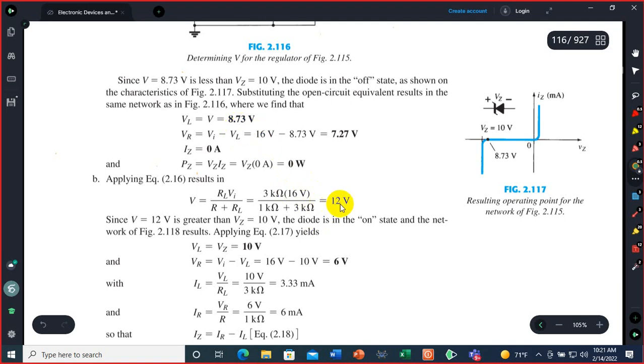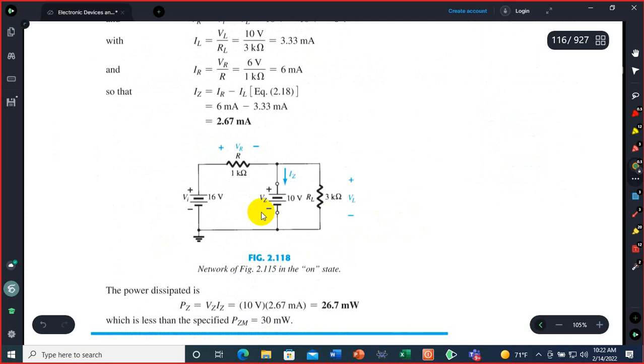And what is the thing? 12 volt is greater than VJ 10 volt. So in this case, the diode is on. Since V equal to 12 volt is greater than VJ 10 volt, the diode is in the on state and the network of figure appears. So we replace the open circuit condition with the equivalent zener voltage.